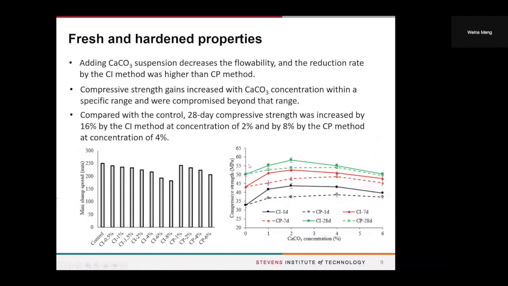Compared with the control, the 28-day compressive strength of the CI mixtures at the optimum dosage, which is 2%, increased by 16%. And the CP mixtures at their optimum dosage, which is 4%, showed an 8% increase. So overall, the CI mixtures show better performance than the CP method.